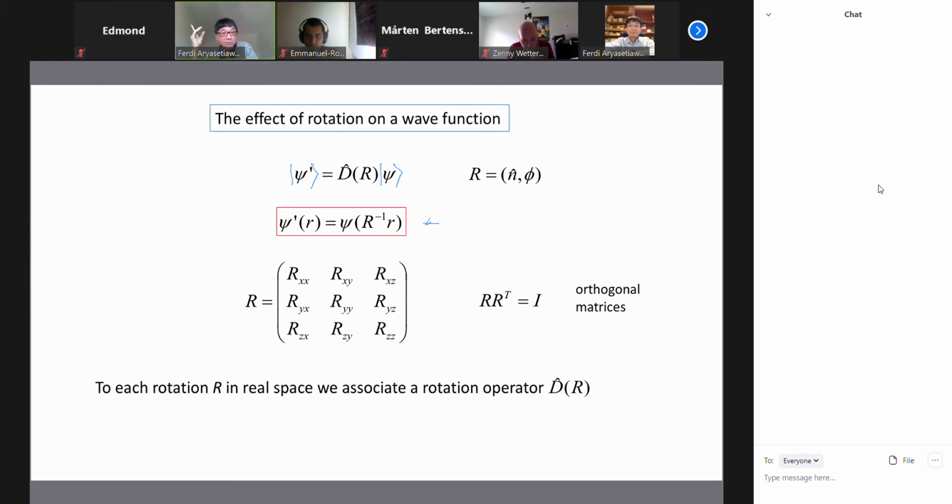So we can think of it in two ways: either the coordinate system is being rotated, or the wave function itself is rotated in space. This R is just an orthogonal matrix that represents rotation in three dimensions.